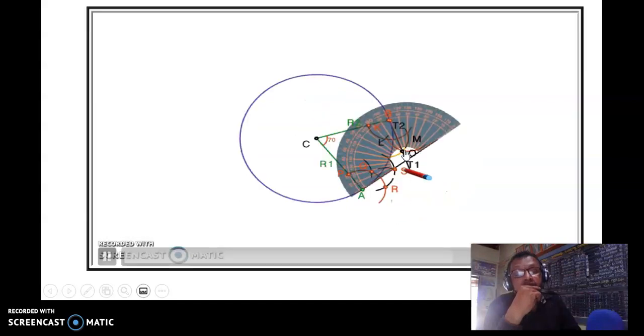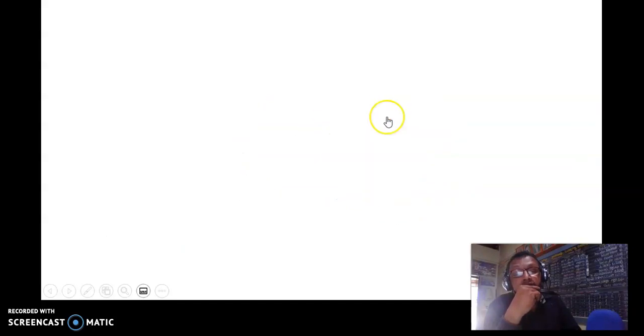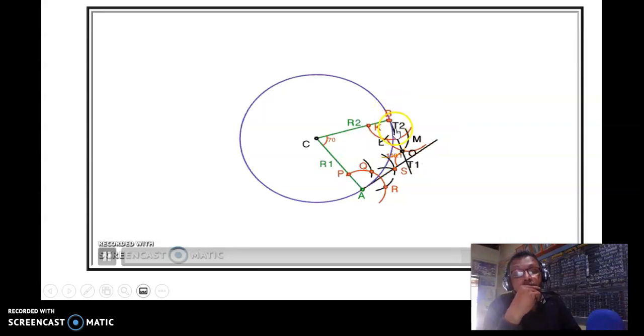Now draw the tangent T2 from B through M. So now this is the tangent T2. Now T1 and T2 are the required tangents. If you measure, the angle between them is 110 degrees. So these are the required tangents.